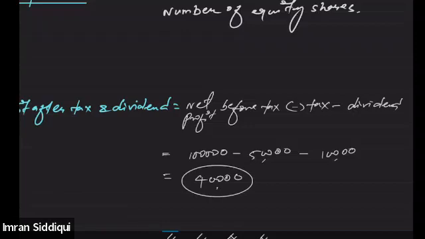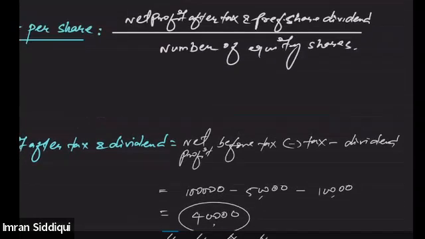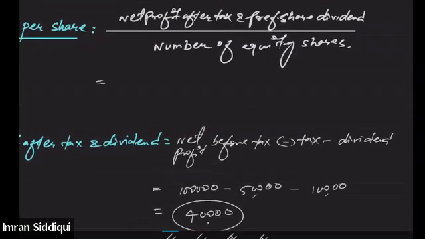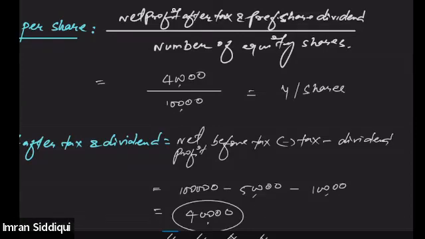Is this clear to you? Yes, sir. Okay, now further the question says 10,000 equity shares of 10 each. The total number of equity shares is already given in the question. So 40,000, the net profit after tax, divided by 10,000. So the answer is 4 per share.